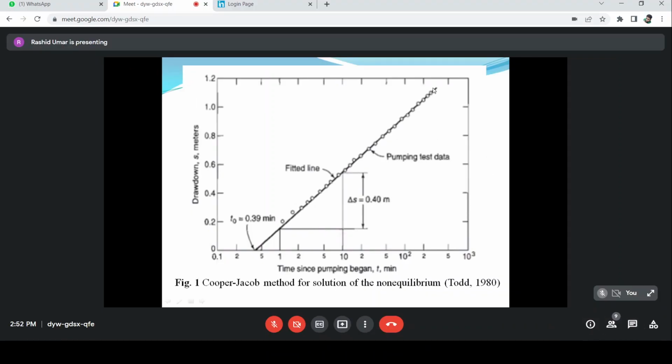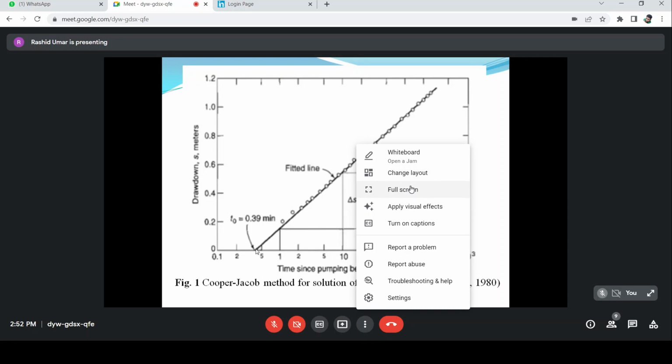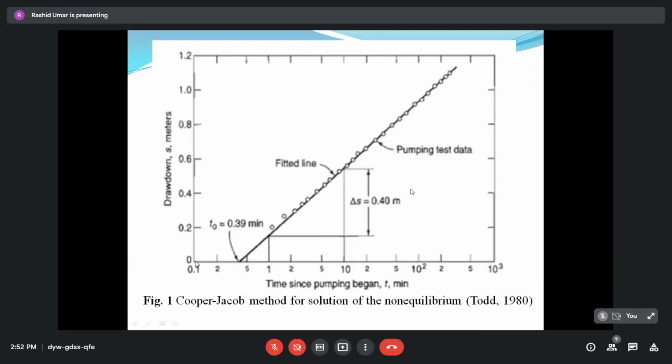Where the maximum points fall, you draw a straight line, and here is the zero drawdown line. This line intercepts the zero drawdown line at 0.39 minutes. So this time is called t0. What is t0? t0 is the time intercept at zero drawdown.